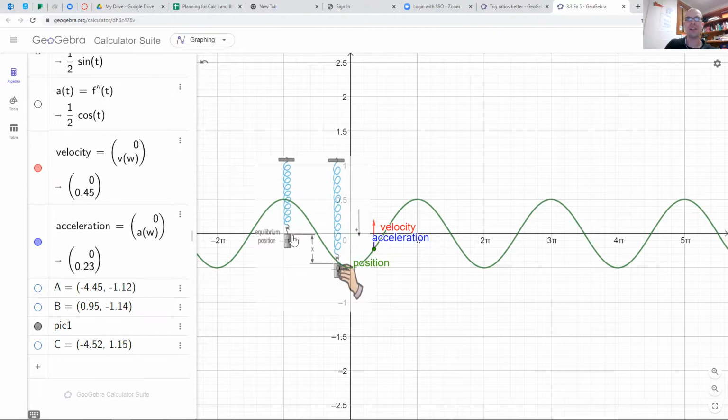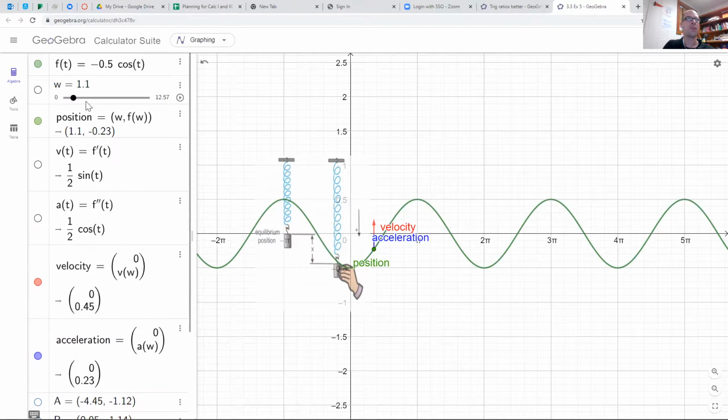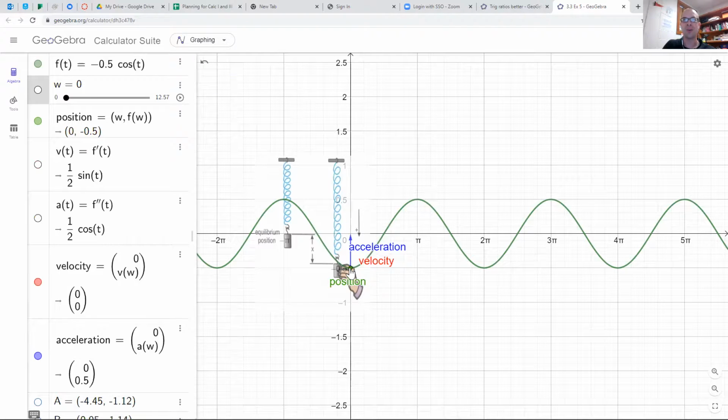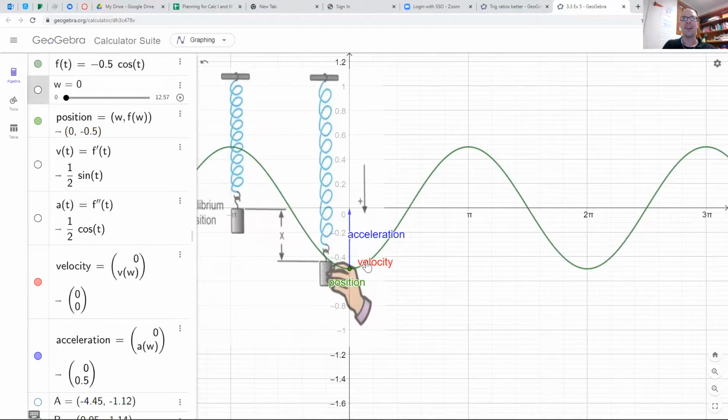We are taking this mass, pulling it down 50 centimeters from its equilibrium position and letting it fly. So if I bring our parameter back to 0, for t equals 0, basically, notice that I'm going to have an acceleration arrow in blue and a velocity arrow in red.